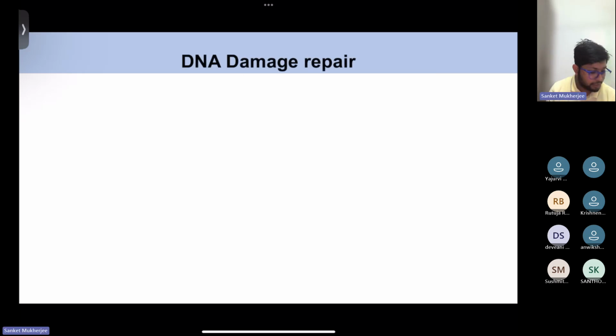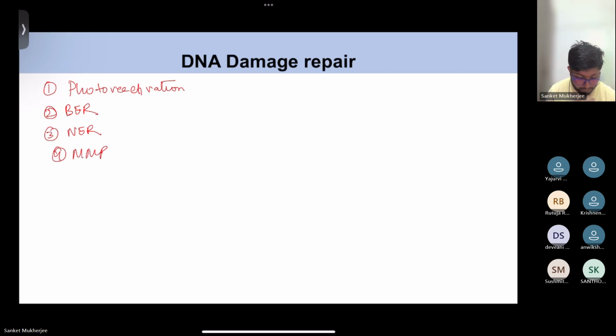DNA damage repair pathways. One of them is photoreactivation, then there is base excision repair, nucleotide excision repair, mismatch repair. There is something called translesion synthesis.